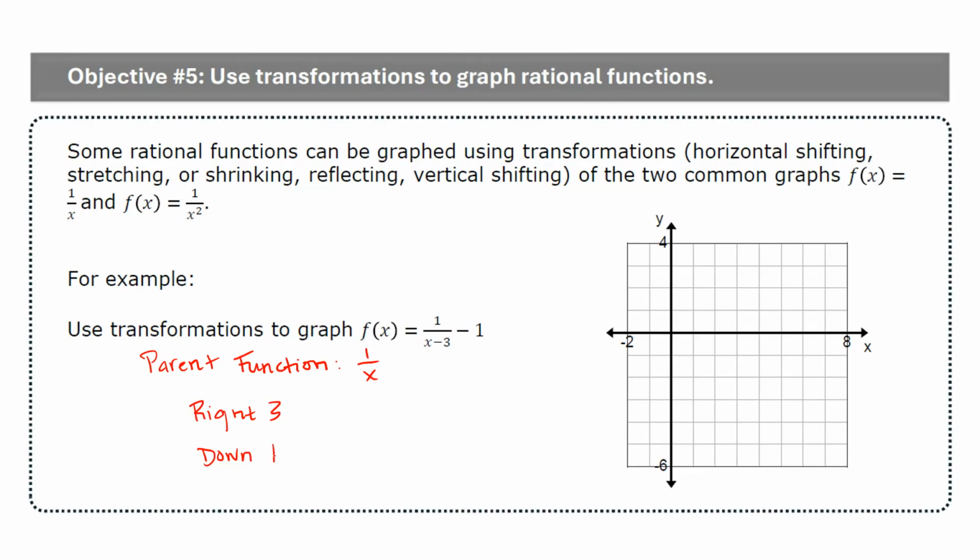I also notice from this graph that I have a vertical asymptote at x equals 3, and a horizontal asymptote at y equals negative 1. So I'll have my horizontal asymptote and then my vertical asymptote.